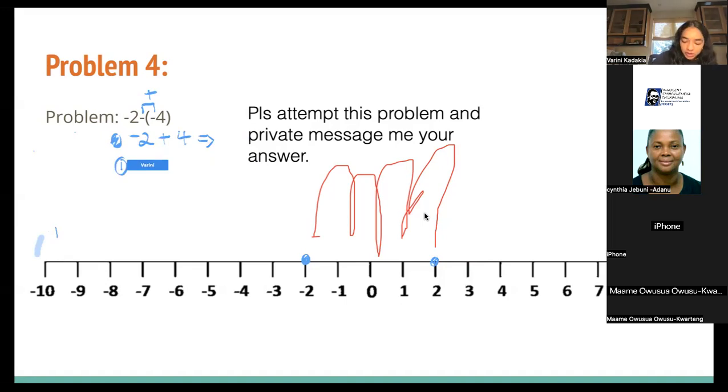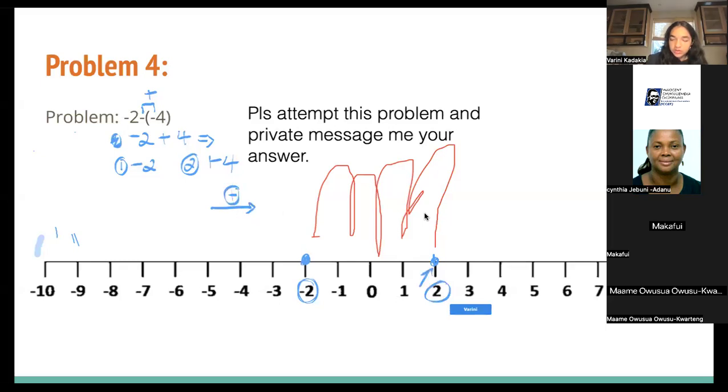Our first part is minus 2, and our second part is plus 4. So we put our first dot on negative 2, and because our second part is positive, we move right. And so we end up at 2 as our answer.